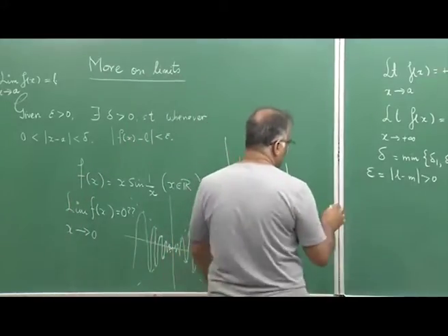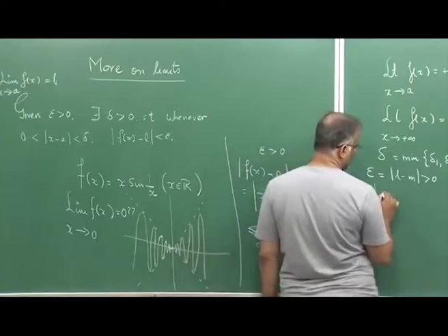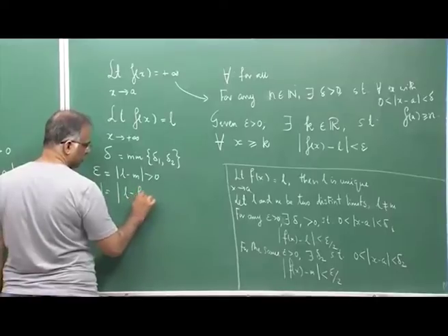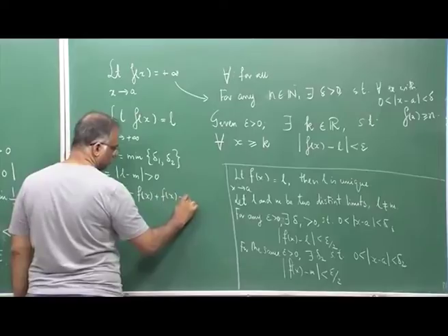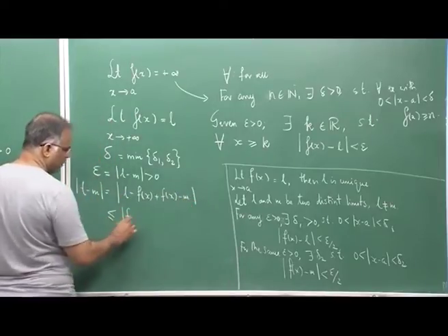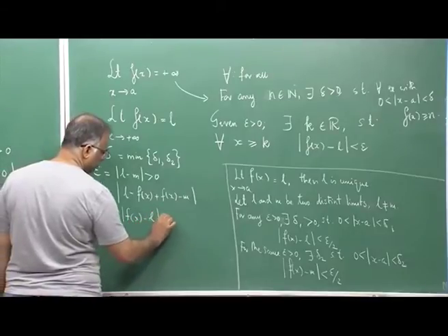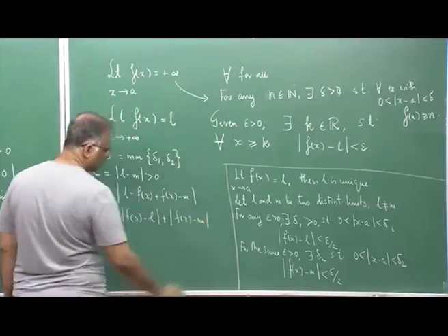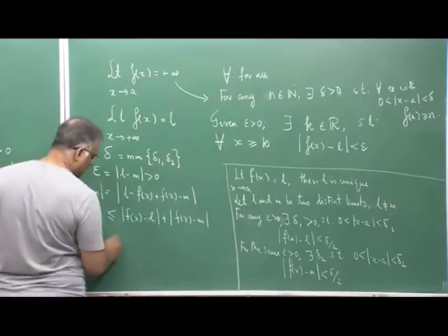Now, what I would do is come to a contradiction in a very simple way. So, this I will write as |L - M| less than or equal to |L - f(x)| plus |f(x) - M|, and this is a well known result that |A + B| is less than or equal to |A| plus |B|. Here I have chosen particularly epsilon equal to |L - M|.